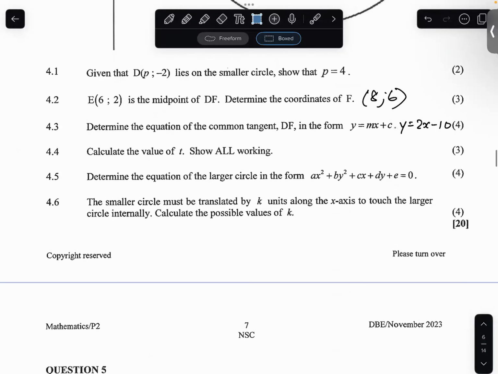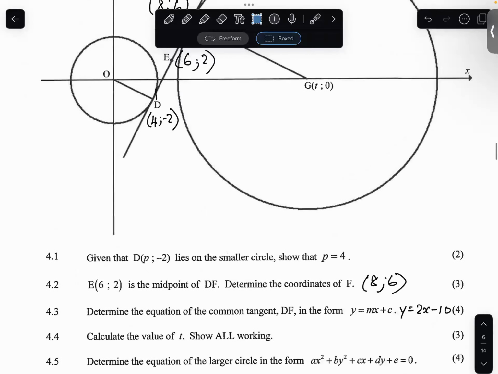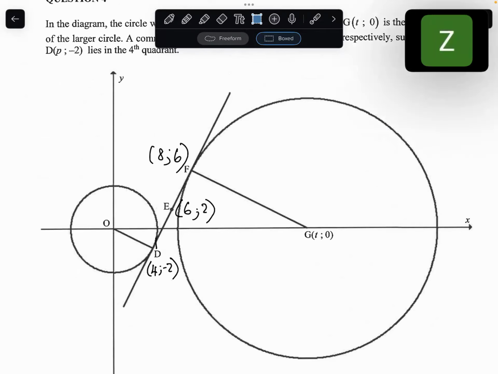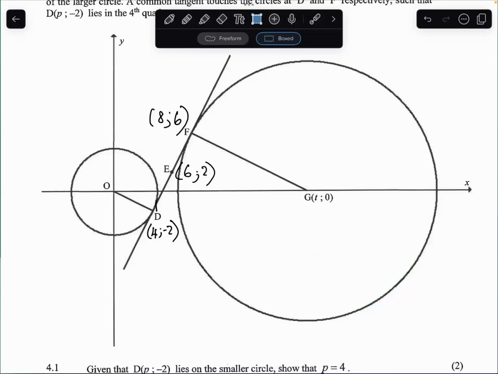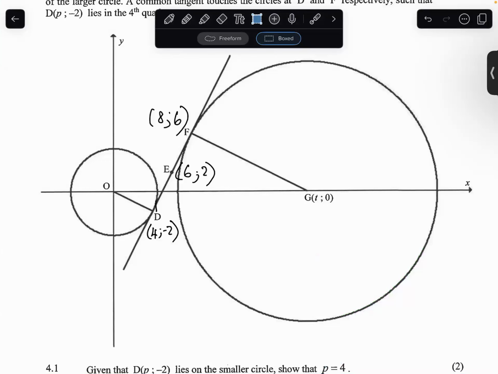All right. The next question says, calculate the value of t, show all working. Multiple different ways to do this, but I'm going to go with the easiest one. First of all, we know that this is a radius perpendicular to a tangent.